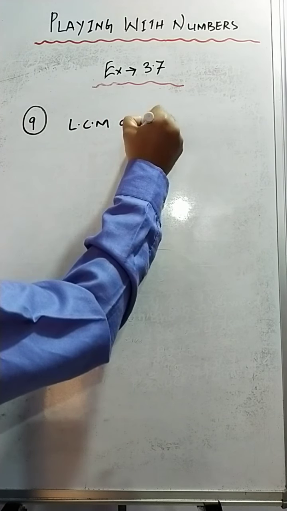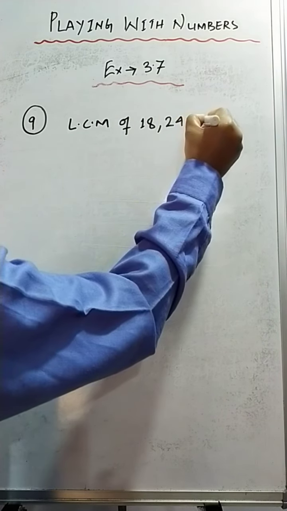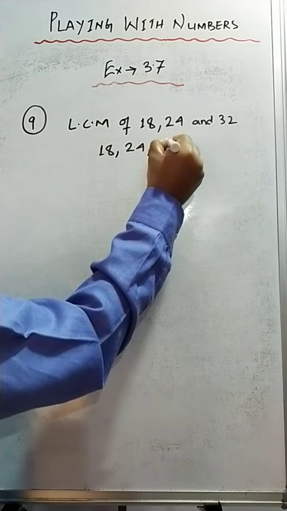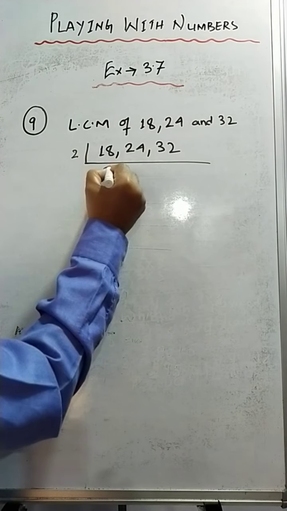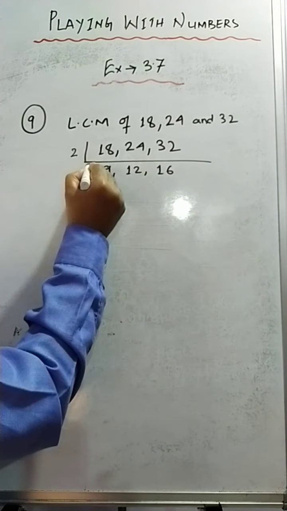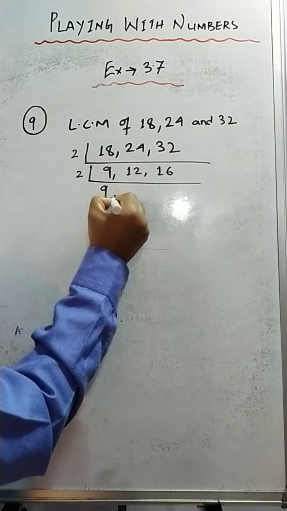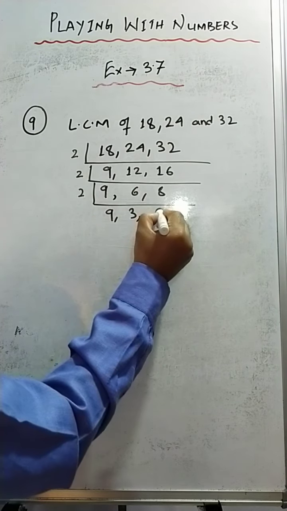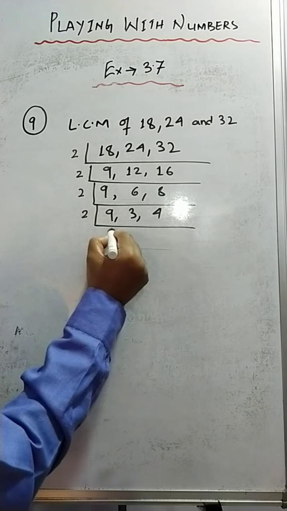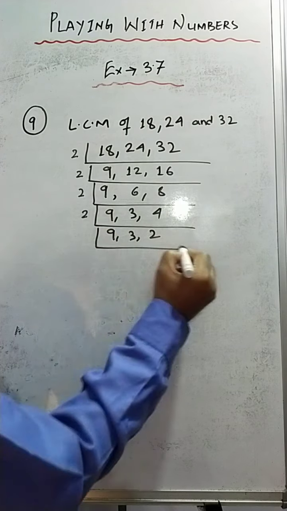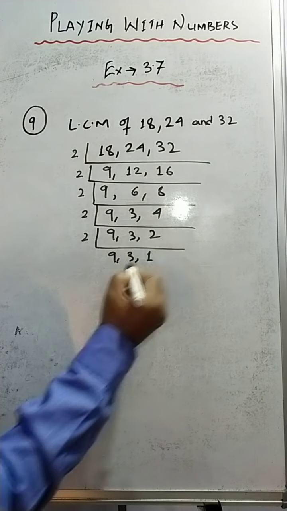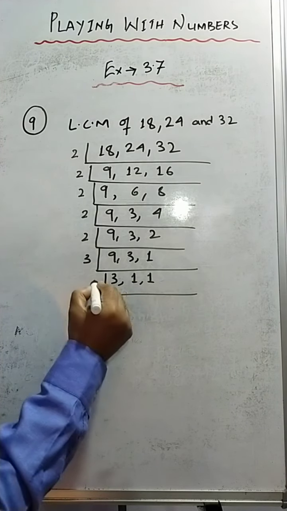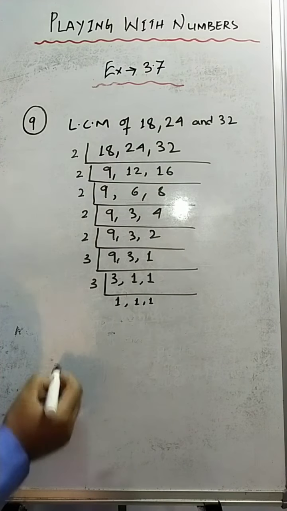So LCM of 18, 24 and 32. Let's get it. 18, 24 and 32. 2 9s are 18, 2 12s are 24, 2 16s are 32. 9 is not divisible by 2, 2 6s are 12, 2 8s are 16. 2 3s are 6, 2 4s are 8. 2 9 3 2, 2 9 3 1. 3 3s are 9, 1 1 and 3 1 1 and 1.